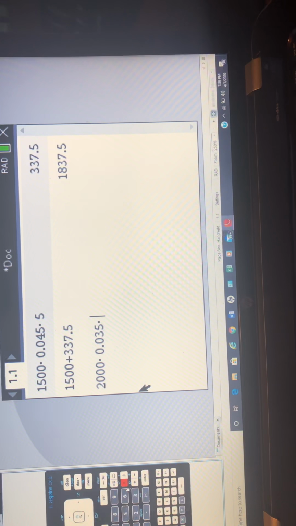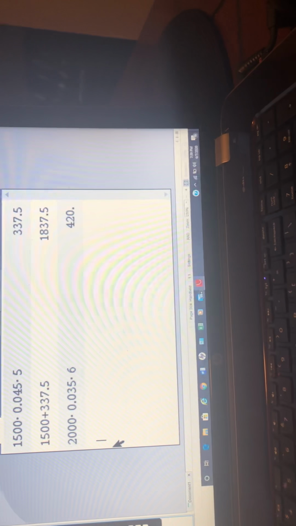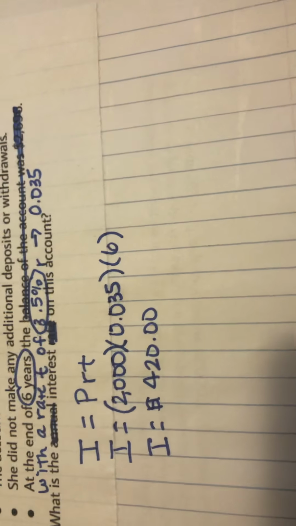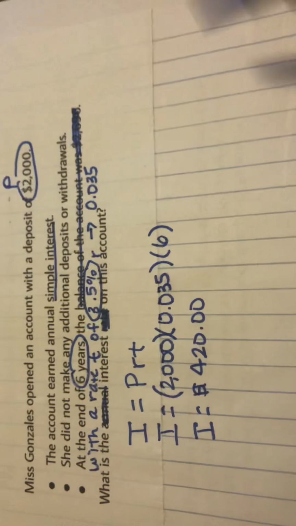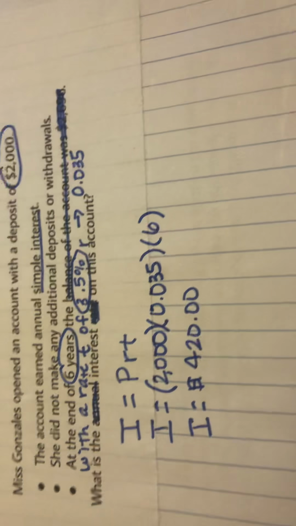Times 6. And enter. And how much interest did she earn? $420. So my interest here is $420. If I'm just asking for simple interest, just like this, I just want to know how much interest she earned. That's it. I'm done.